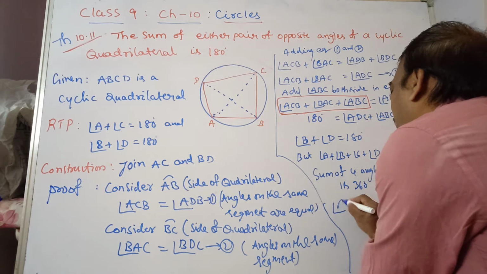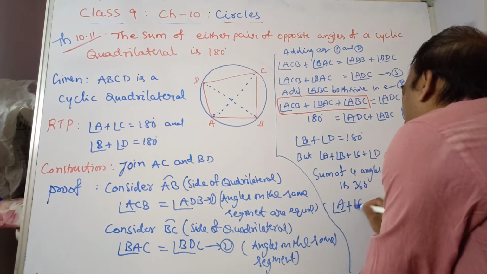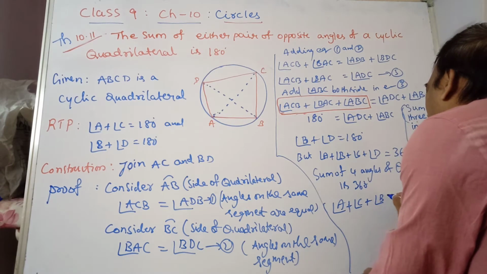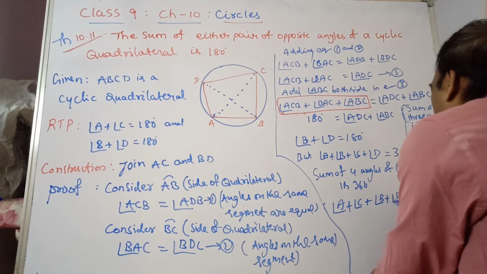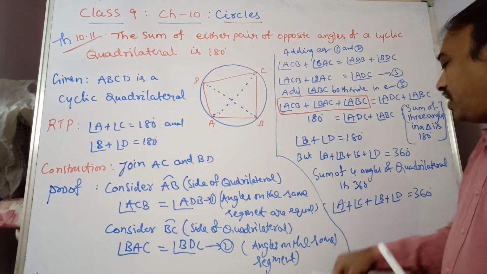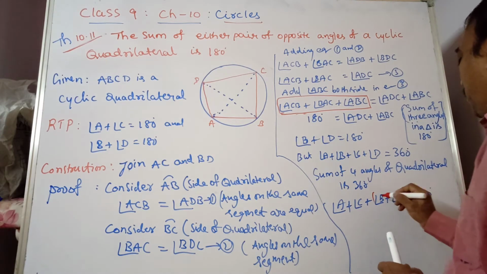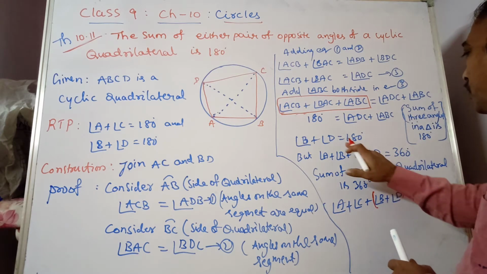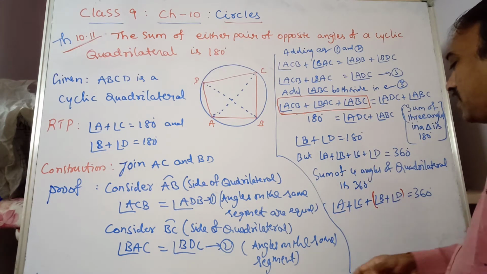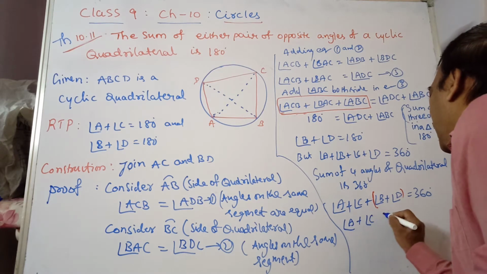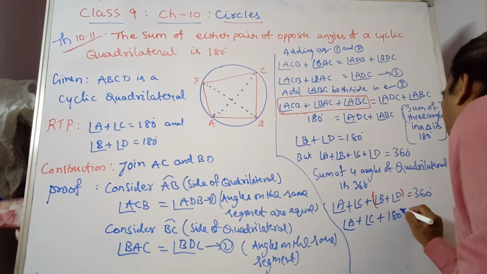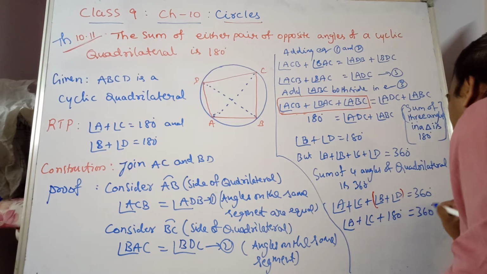Observe it. Angle A plus angle C plus, I am just interchanging, angle B plus angle D is equal to 360. But what is the B plus D value we got? Here we proved angle B plus angle D is equal to 180. So in this place if we write 180, angle A plus angle C plus 180 is equal to 360 degrees.